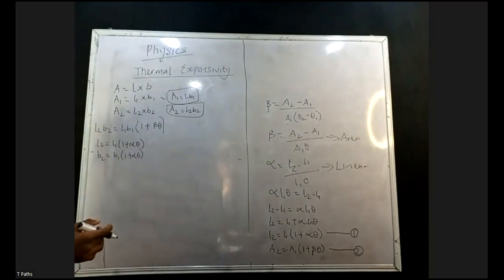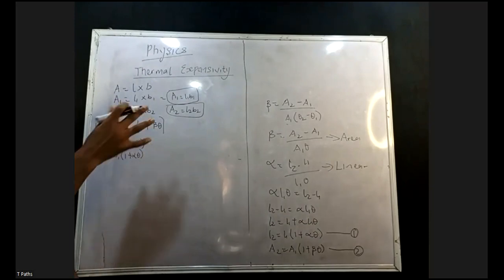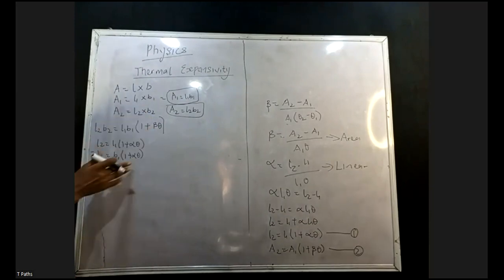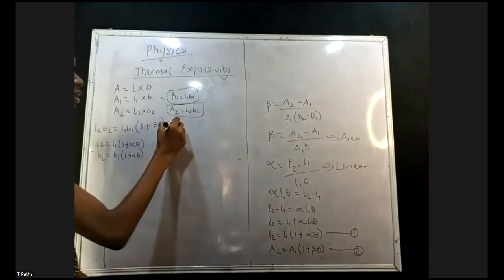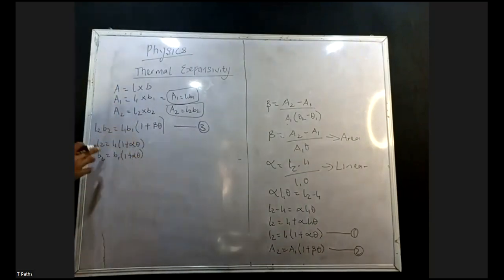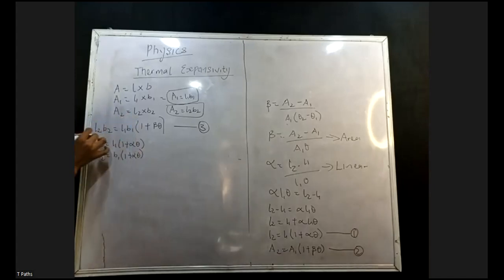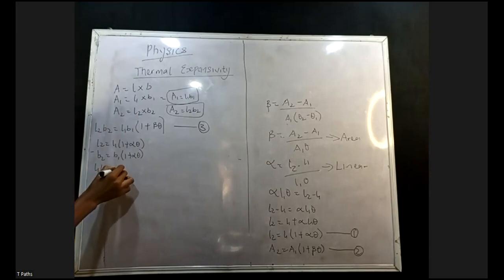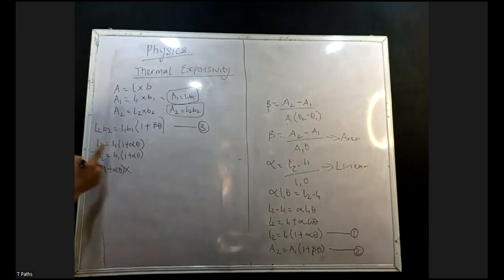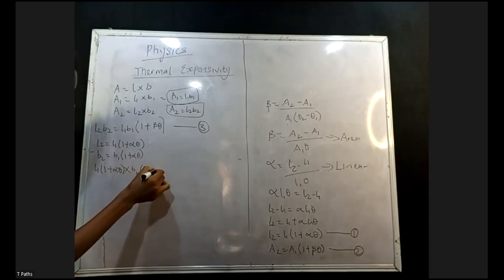So I'm going to substitute these for L2 and B2 in this equation, which I can name equation 3. Instead of L2, I write L1 open bracket 1 plus alpha theta, then times, instead of B2, I write B1 open bracket 1 plus alpha theta.